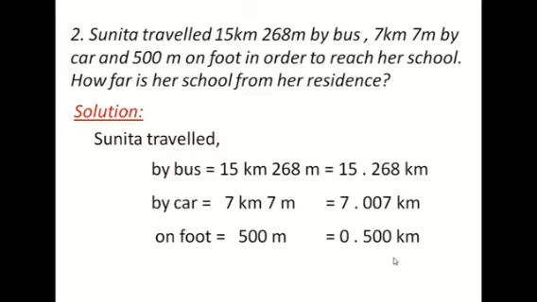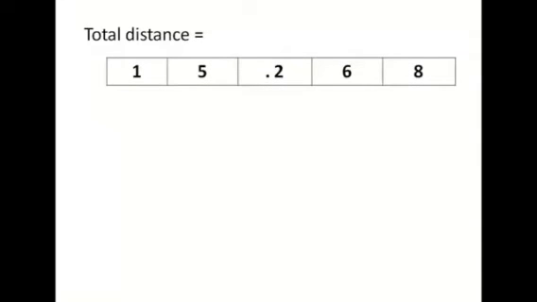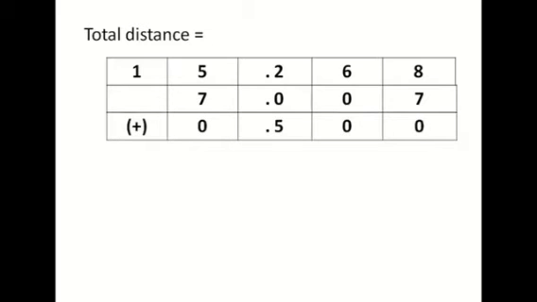So the only thing we have done is convert everything completely into kilometers. Now we will add and get the total distance. We will arrange them in columns properly and find the total distance by adding.